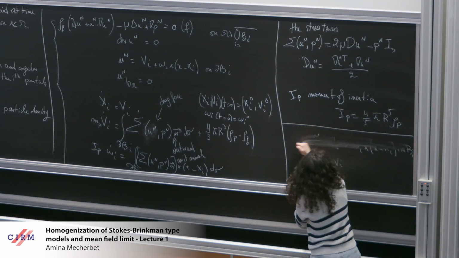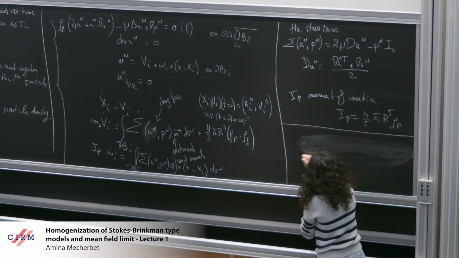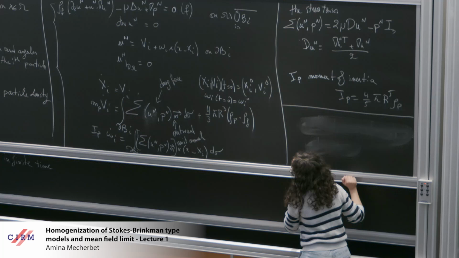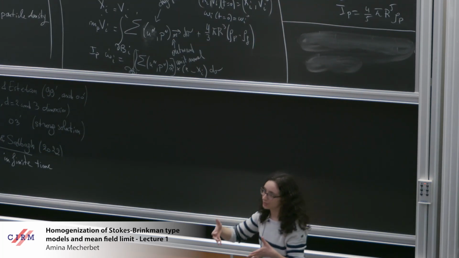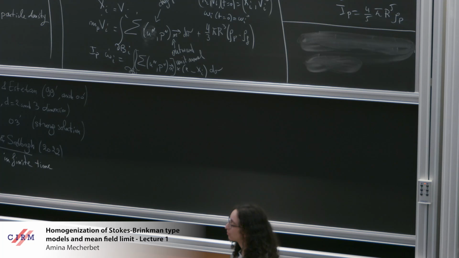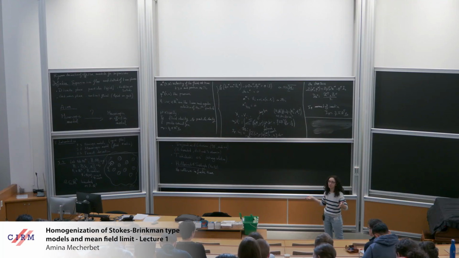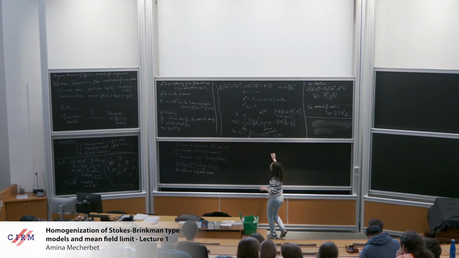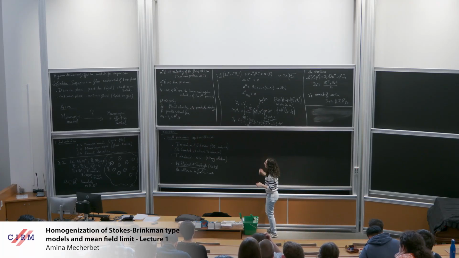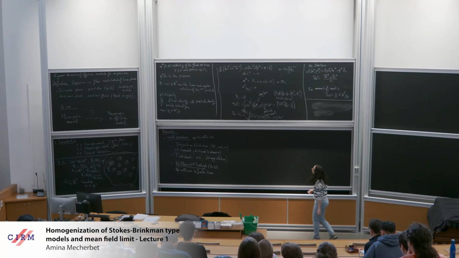Maybe I should have been more precise. I will talk about this when we go into more detail later, but yes, the idea is to extend the velocity inside the particle so that you have something defined everywhere in order to pass to the limit. But for the moment, N is fixed, and we are only looking at well-posedness.